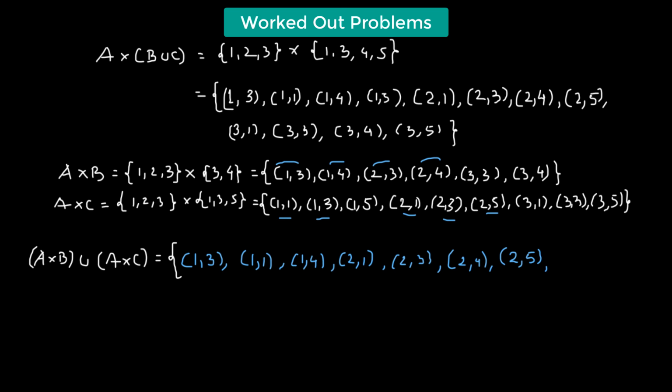Then we go for (3, 1). So we have a (3, 1). Then we go for (3, 3). We have two of them, so that will amount to only one element. Then (3, 4).